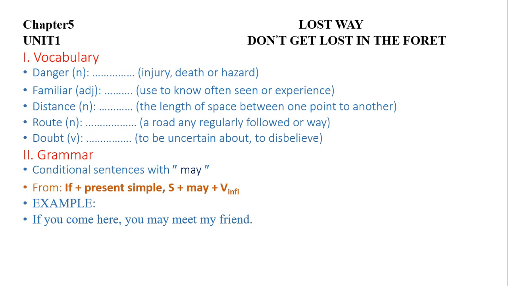So we got the second example. If she doesn't get up early, she might miss the bus. In Khmer: if she doesn't get up early, she might miss the bus.